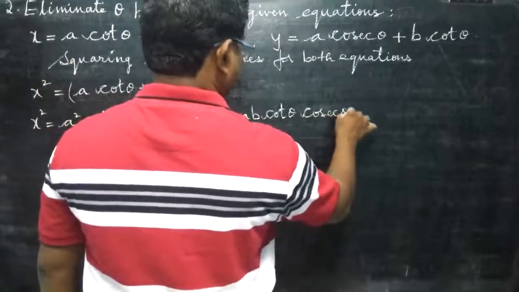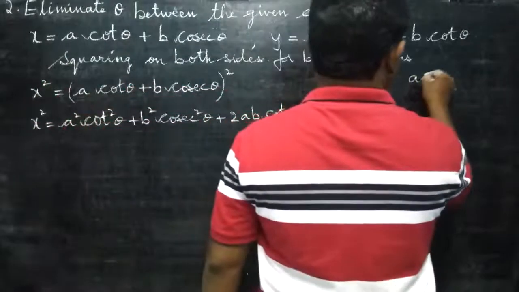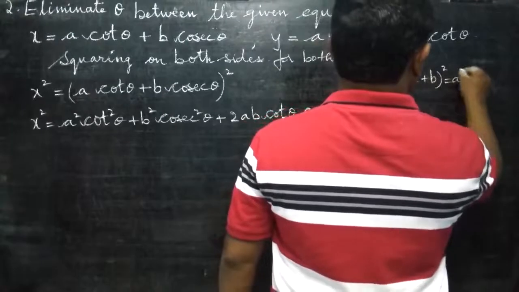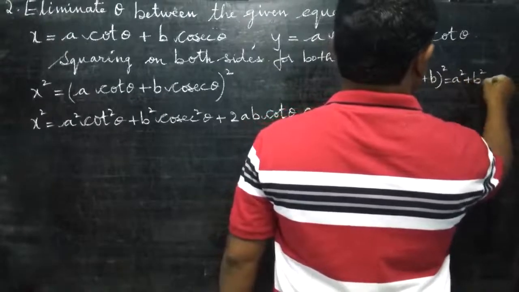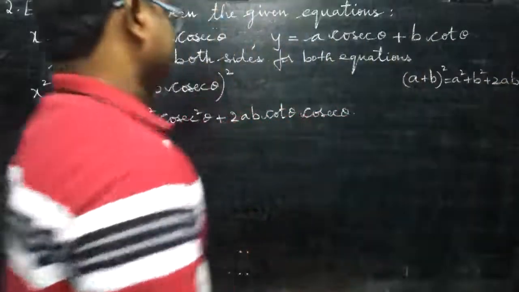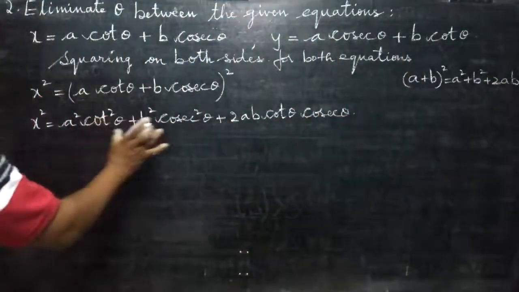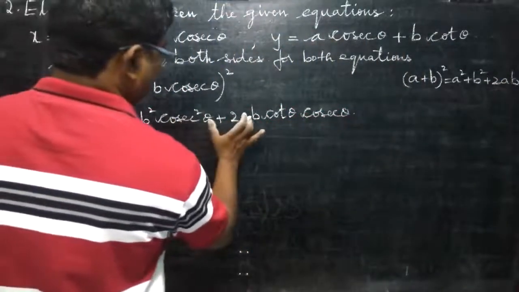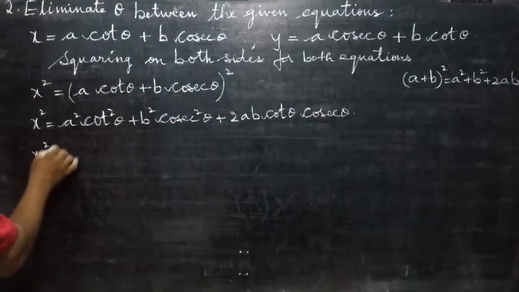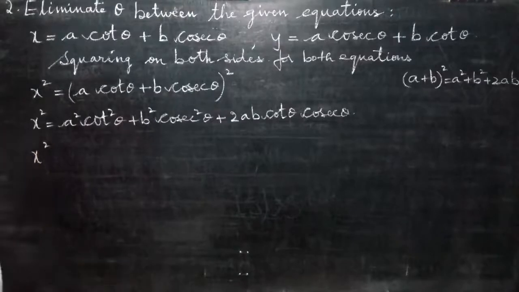Which formula am I using? The (a plus b) whole square formula. What is that formula? a square plus b square plus 2ab. Now x square is equal to this; keep it like this only.